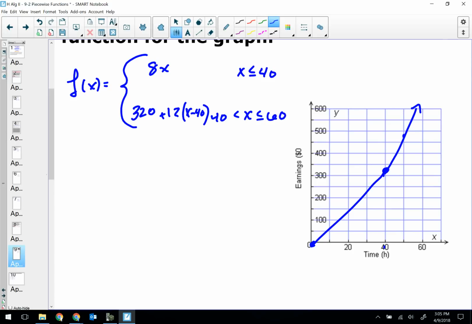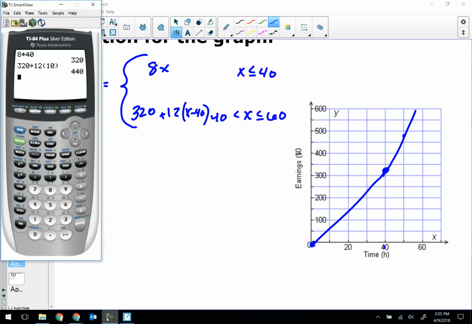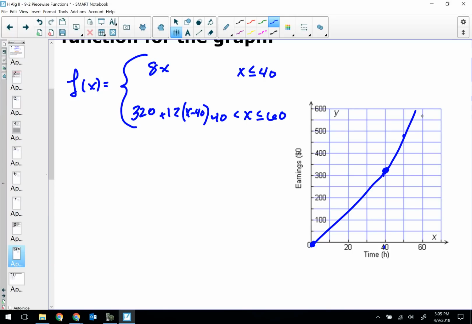Oh, and it said up to 60. So what was it going to be at 60? 320 plus 12 times 20, 560. So it should have been like right there. There we go. That's a straight line. Follow me there, right? Okay.